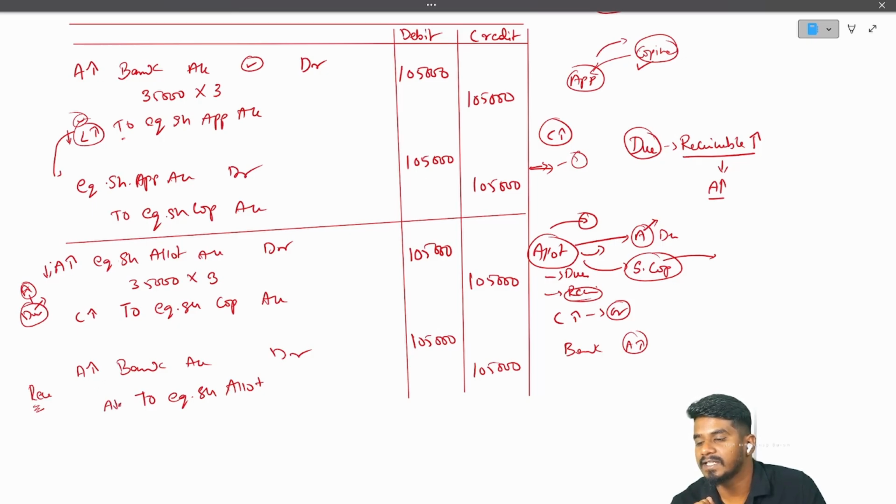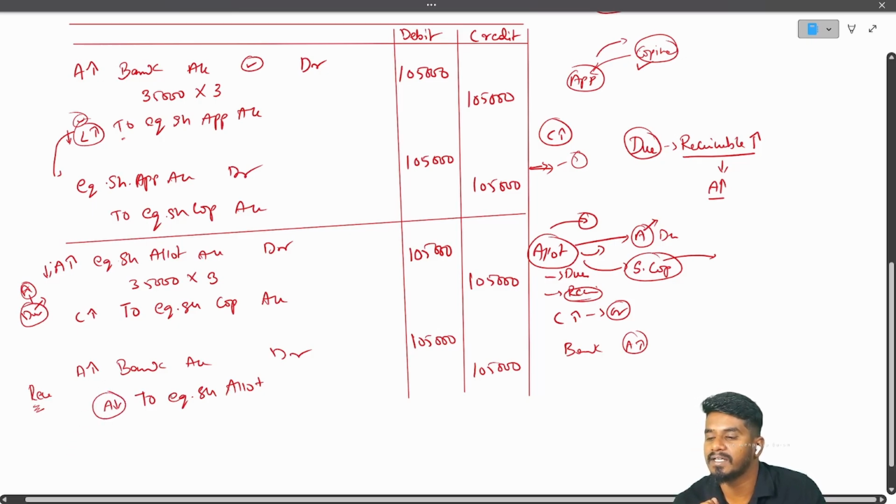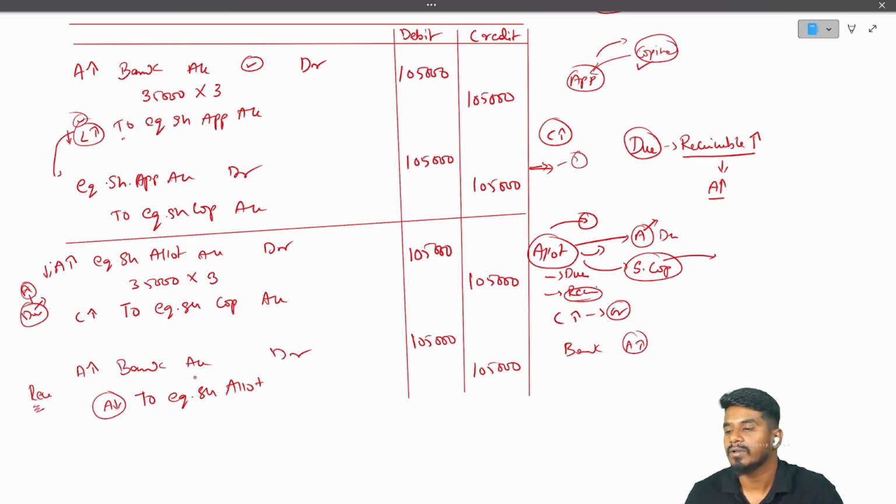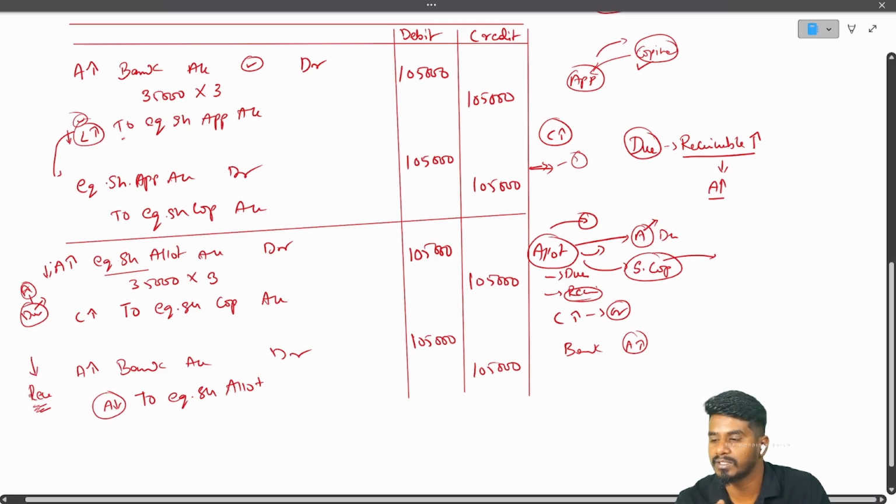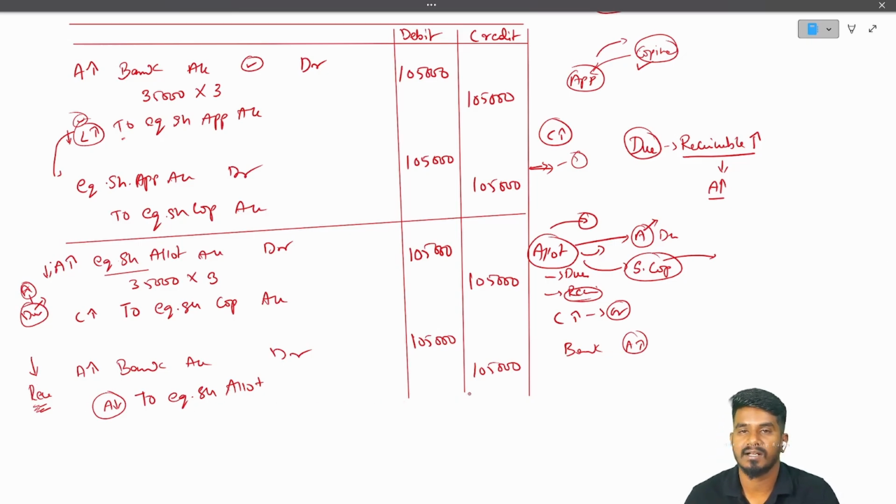If an asset decreases, we need to credit it, correct? Did you understand this? First, it was due, so it was receivable and the asset was increasing. Now we have received it in the bank account, so automatically receivable will go down. It will get reduced. So it is credit. Did you understand this?